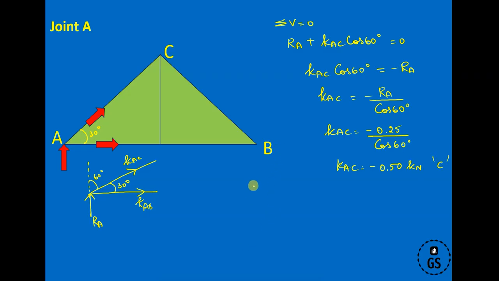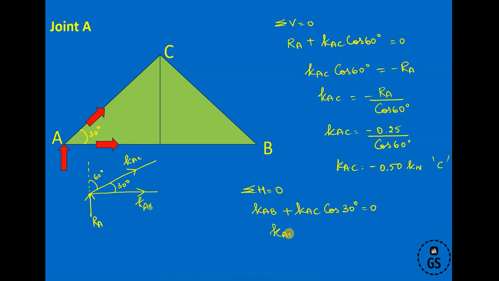Okay, let's move on to the horizontal direction. Summation of horizontal: resolve these forces with respect to the horizontal direction. So we have KAB in the same plane, plus KAC cos 30 degrees equal to 0. KAC is already determined, so the unknown is only KAB.